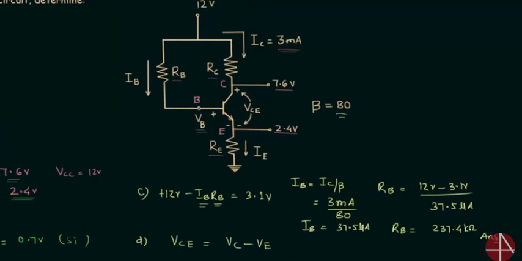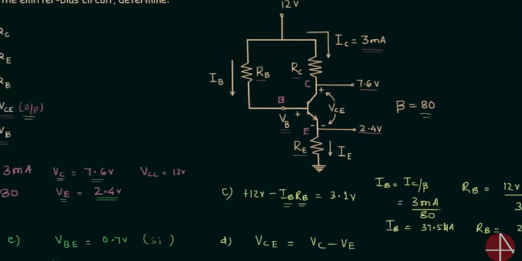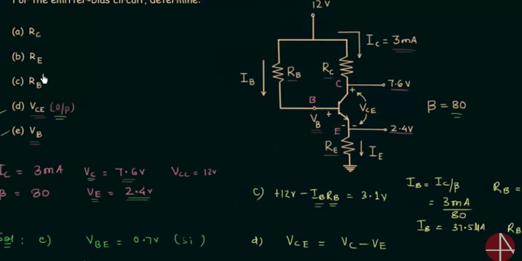This is the value of resistance RB, and this is the answer of the C part. Now we will calculate resistance RE, the emitter resistance, and for this I will apply KVL in this loop. I will start from 2.4 volts and end at the ground. Potential of ground is equal to 0 volts. So we have 2.4 volts minus IE, the emitter current, multiplied with RE equal to 0 volts.